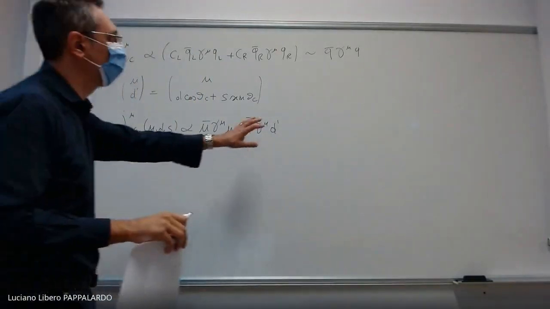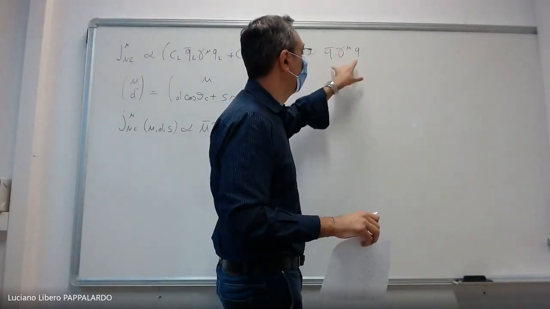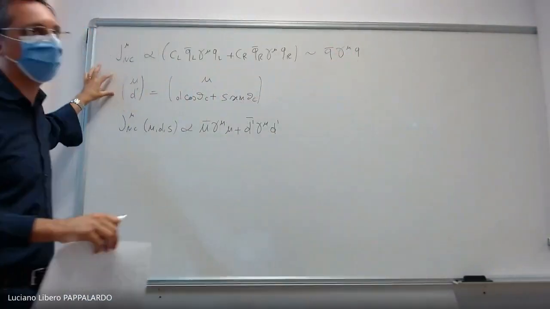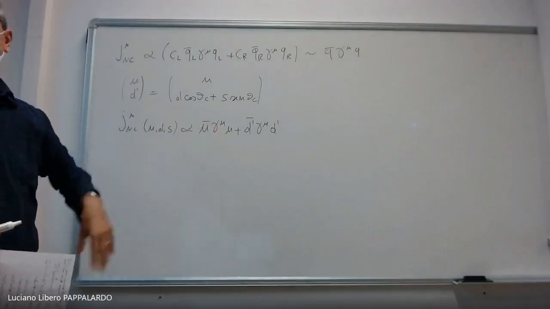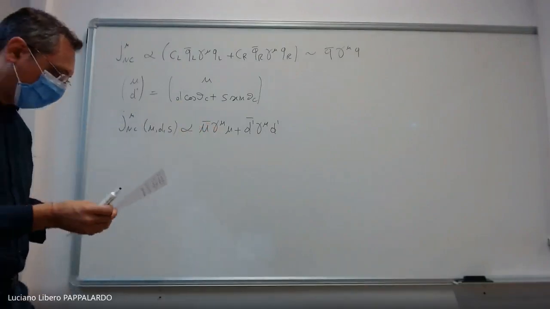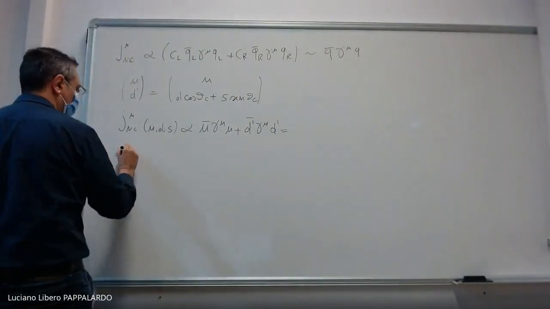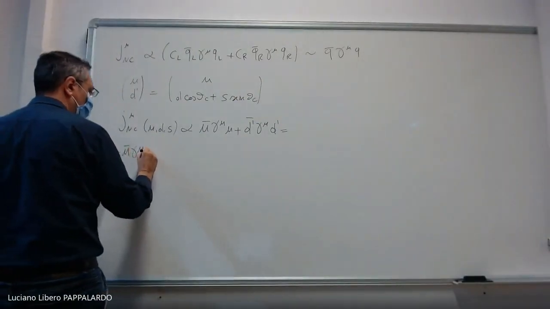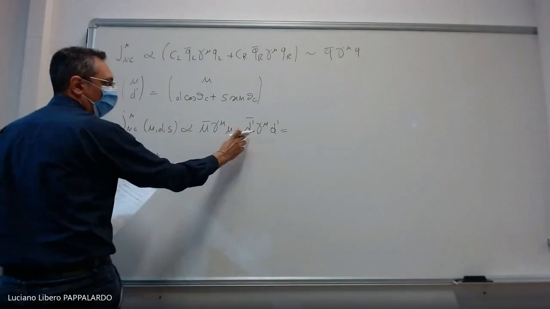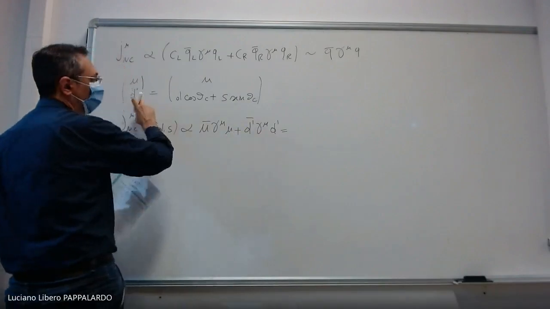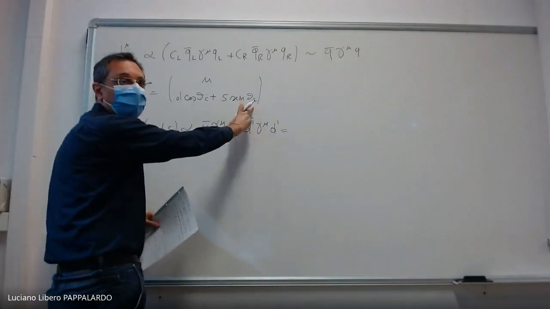Okay, so we have to repeat it for the two members of the doublet. So we have these two contributions. The first one remains the same, u bar gamma^μ u. And the second, we can now expand, taking into account that d' is given by this combination here.